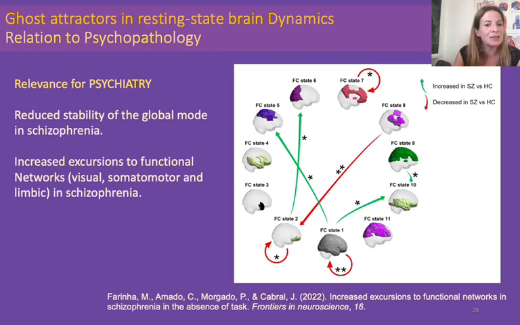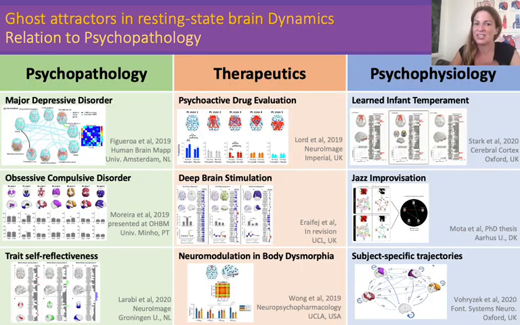So this reveals insights that these psychiatric disorders may be related to dysfunctional trajectories in this state space. Because they are very specific. It's not just random, it's not just noise, it's specific to some networks.